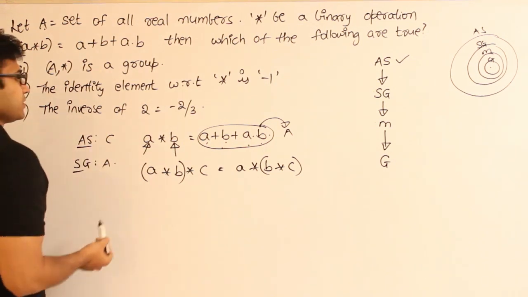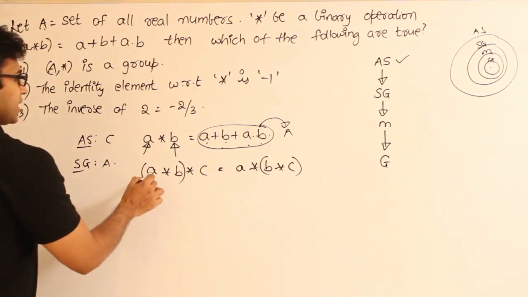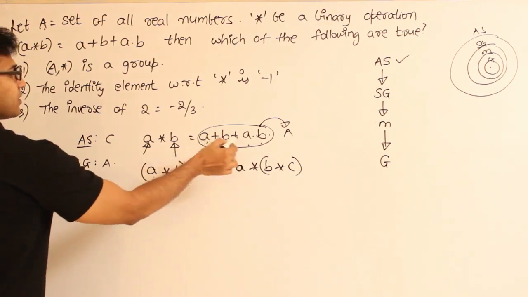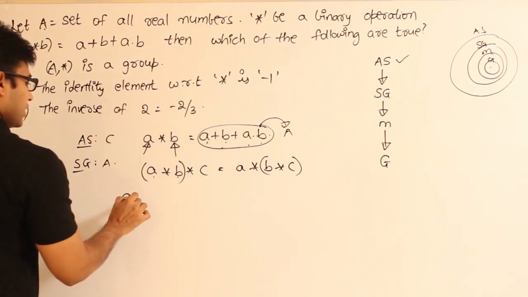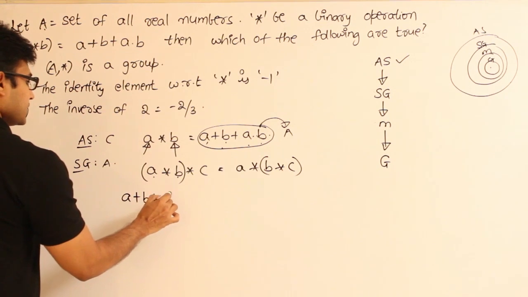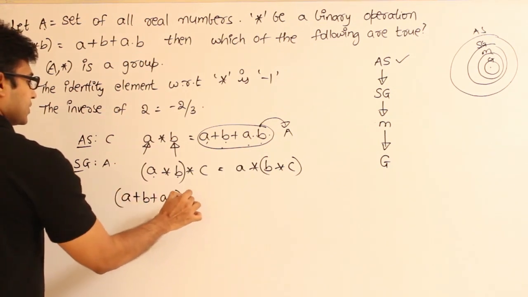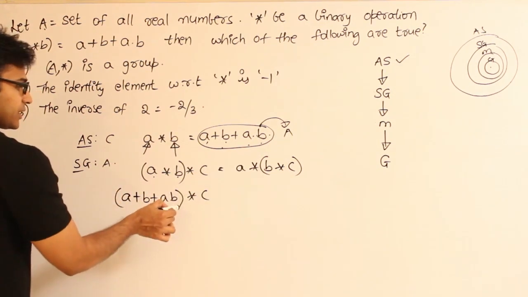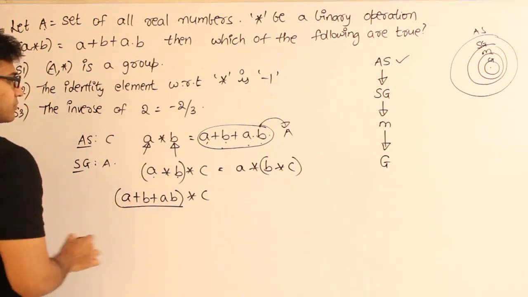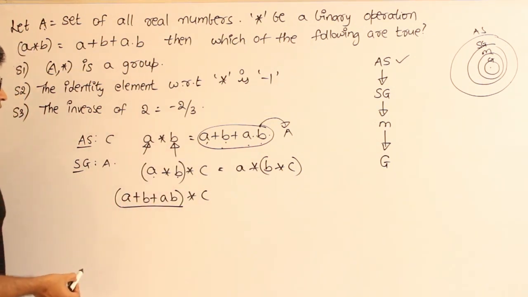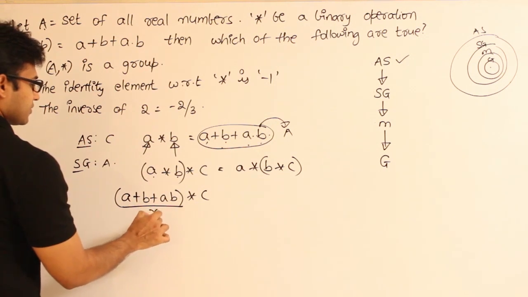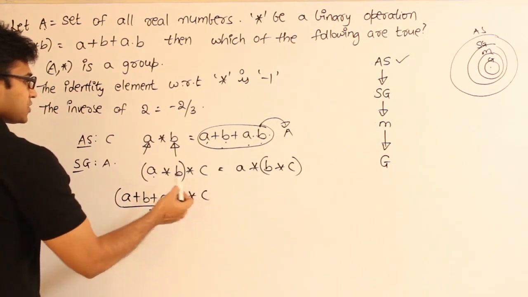Now let us see LHS. Now how to evaluate LHS? A star b is nothing but this one, right? So a plus b plus ab, star c. Now you can consider this entire term as, let's say, some x. Okay, now it is in the form of x star c.